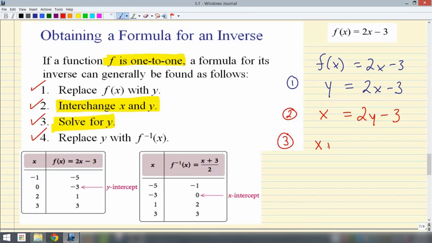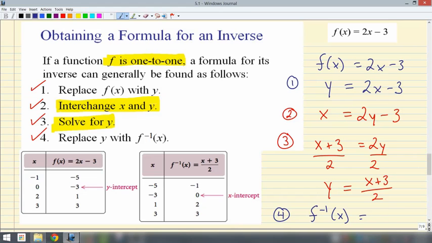So I think we'll add 3 to both sides. We'll divide everything by 2. And we get y equals (x plus 3) divided by 2. And then step number 4, which again is not really an important step, you're just relabeling it. We're now going to call this the inverse function. (x plus 3) divided by 2.